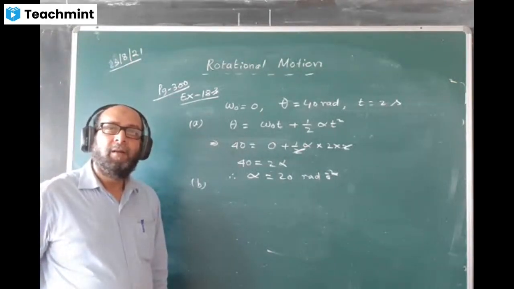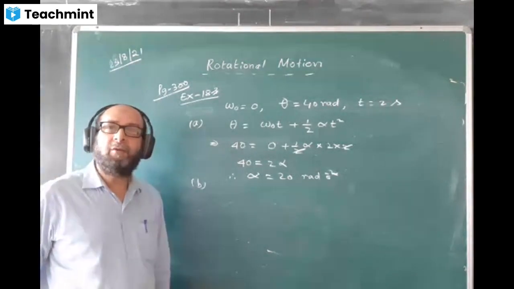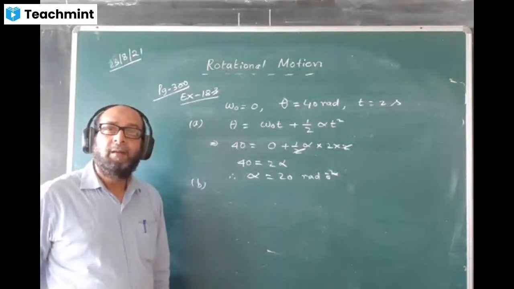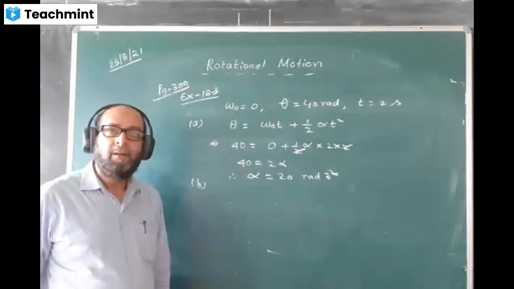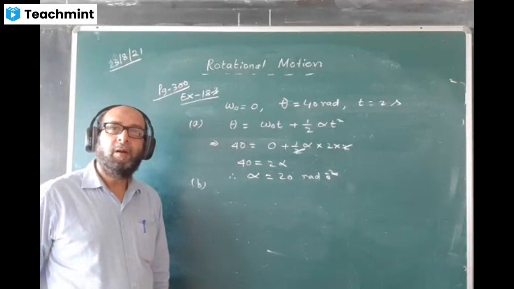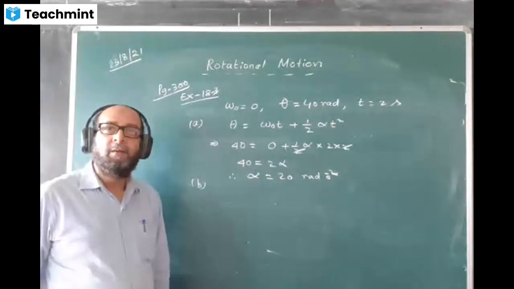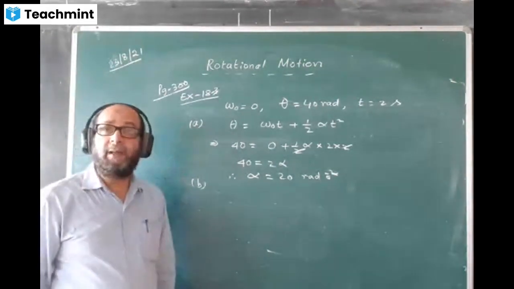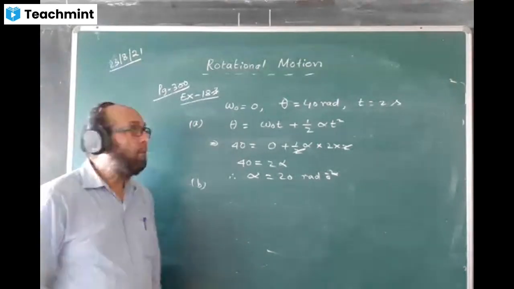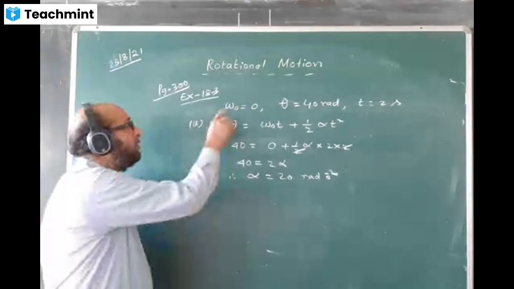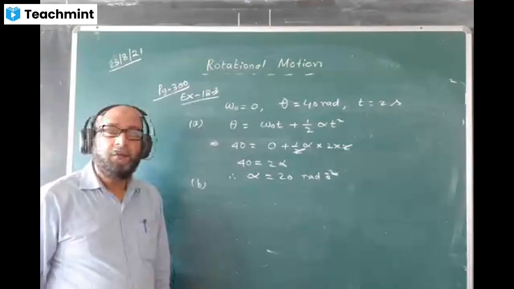Alpha equal to omega minus omega naught by t. Where is omega? Omega is not given.